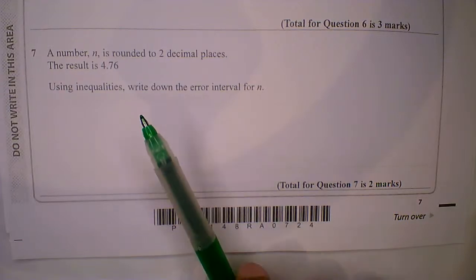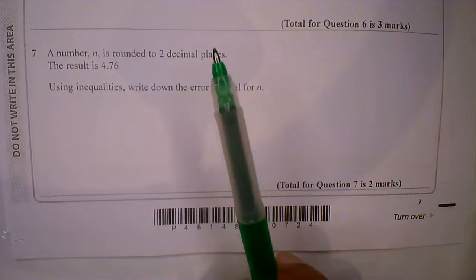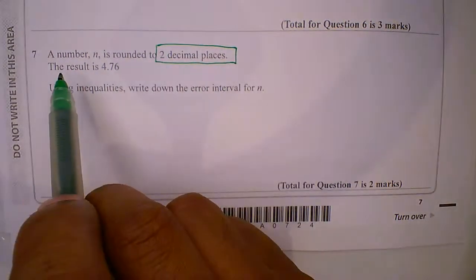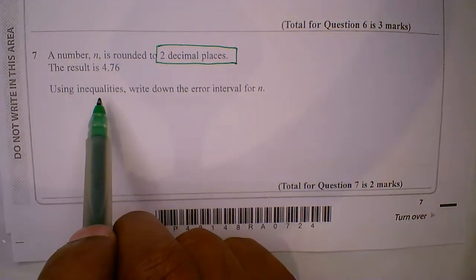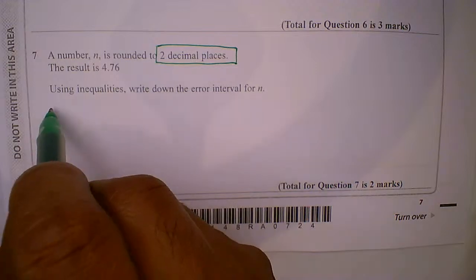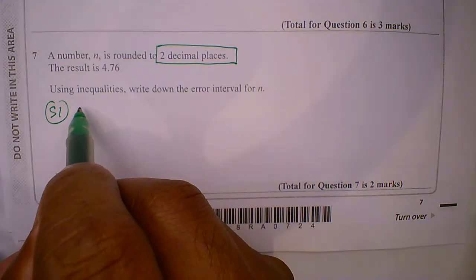Okay, question number 7. A number n is rounded to 2 decimal places. The result is 4.76. Using inequalities, write down the error interval for n. Step 1: I start with 4.76.